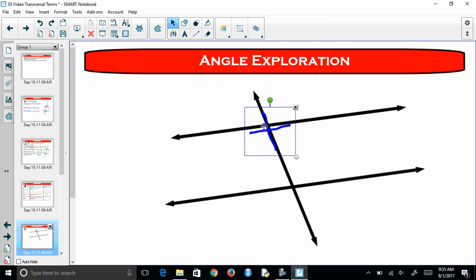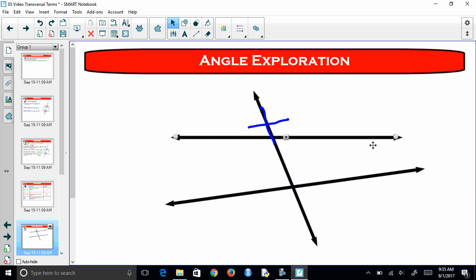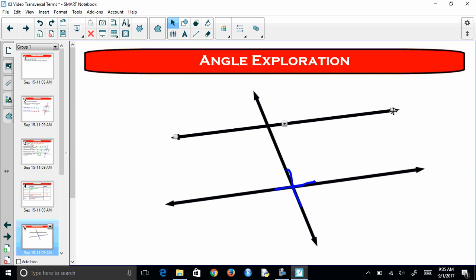Now if I take that cross and move it down to the other line, notice that these angles are the same as these angles up here. That's not the case if I move it. If they're not parallel, and I slide it up, see how those don't line up perfectly? It's only true if they're parallel lines.